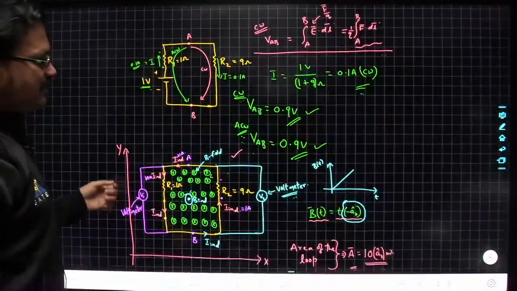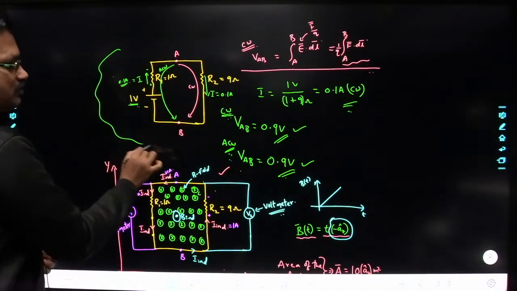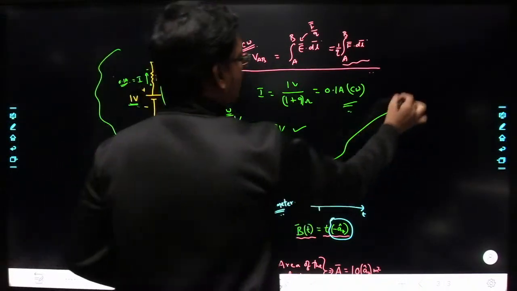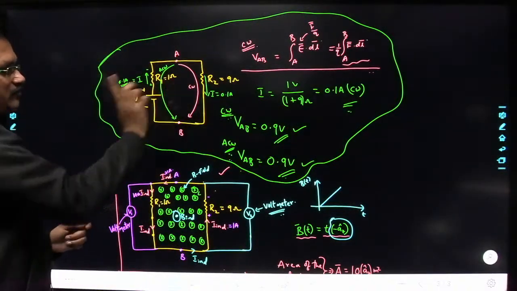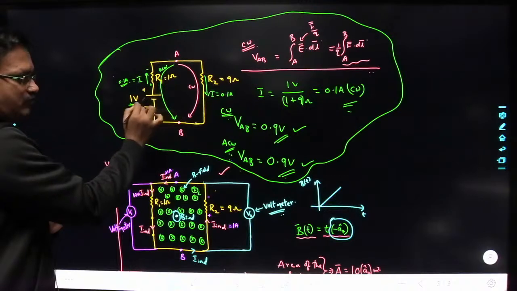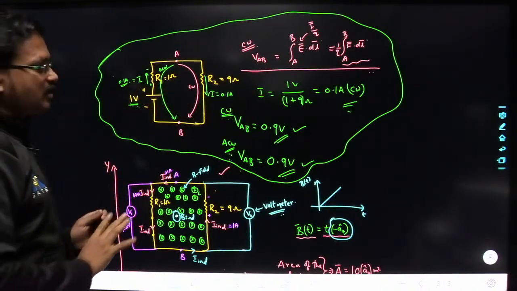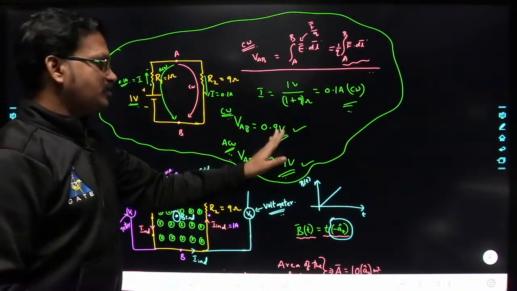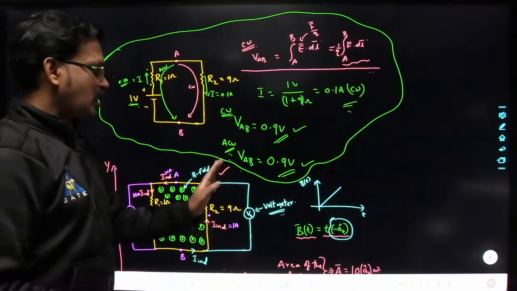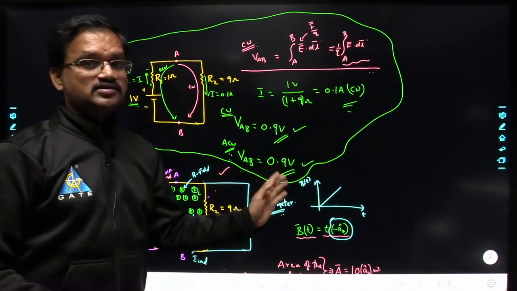Whereas in this problem, here we have connected a battery, so whether you move in clockwise direction or anti-clockwise direction, VAB is equal to 0.9 volts, and if you move in anti-clockwise direction also you are getting the same voltage.